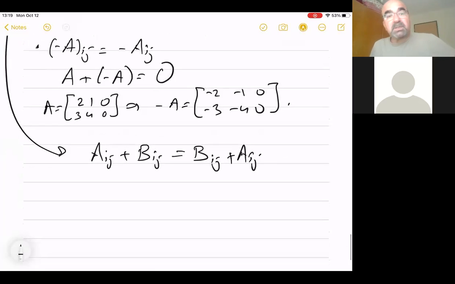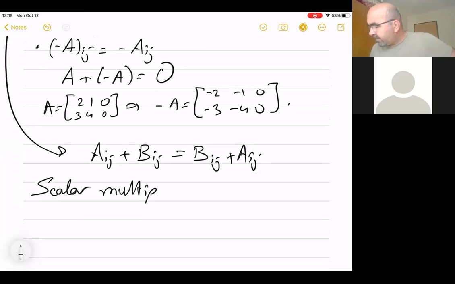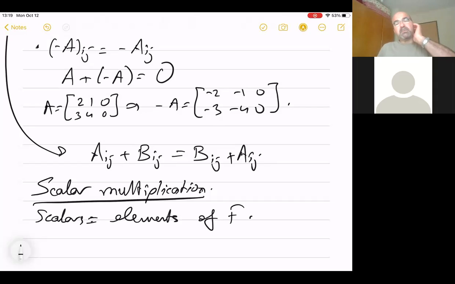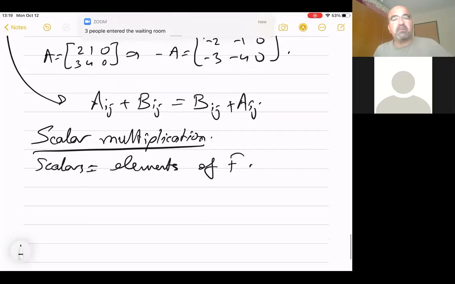There's also scalar multiplication. What's a scalar? A scalar is an element of the field F. For example, if F is the real numbers, the elements are just real numbers, or complex numbers, depending on your field at hand.